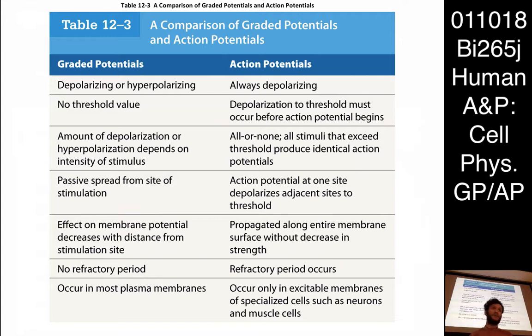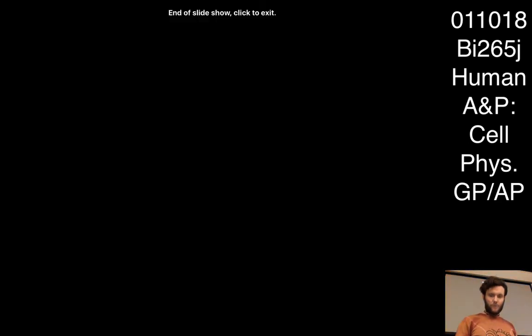This only happens on excitable membrane. Excitable membrane is only in muscle and nerve tissue. Even in nerve tissue, the only part of those cells that can have action potentials is the axon hillock and axon up to the synaptic boutons. The rest of it is just graded potentials. All right.